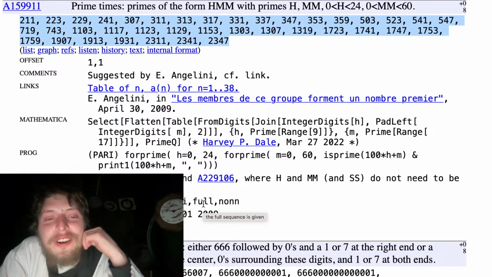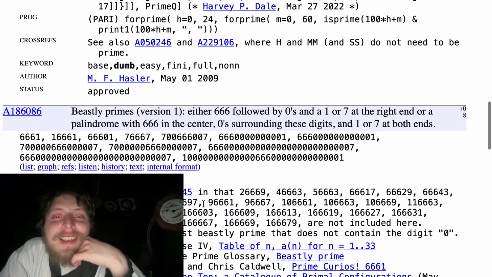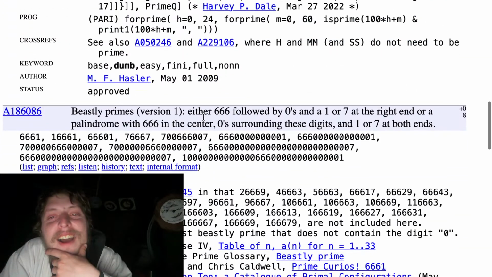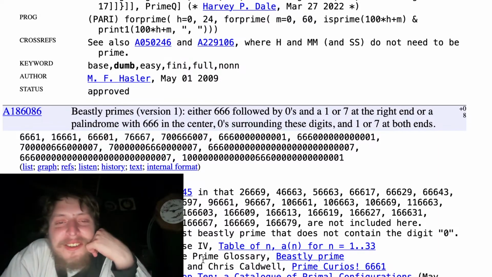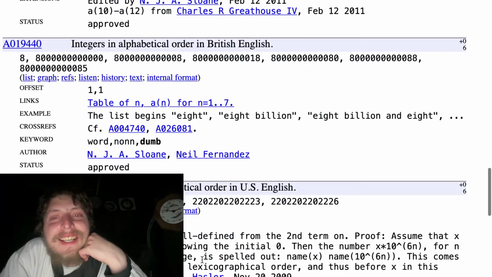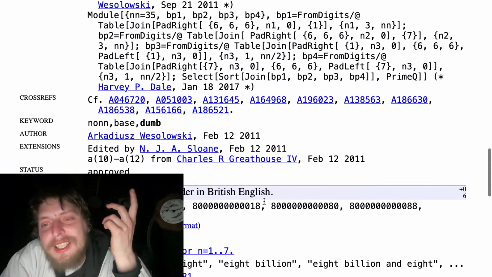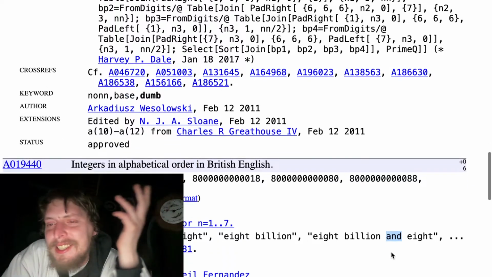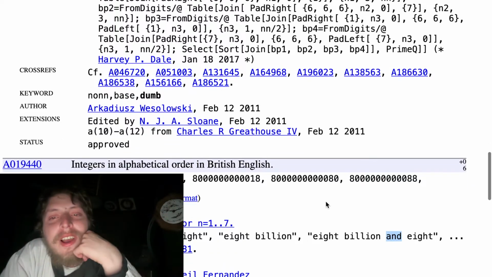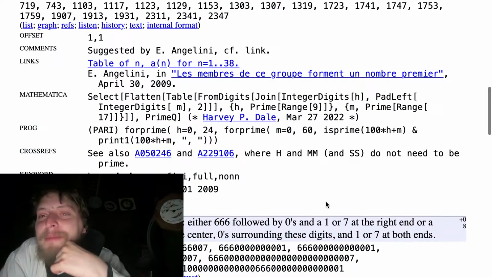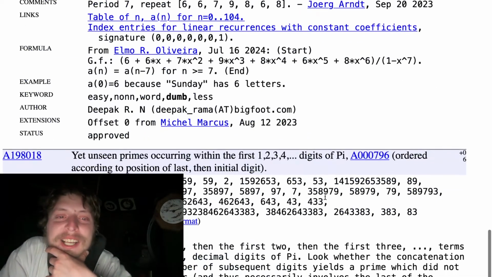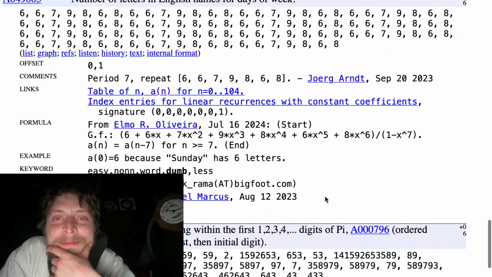They list every term. Beastly primes. They're just ones that have to have a 666 and has to have 1s and 7s or something. These are alphabetical order integers in British English where they're including "and," which isn't in all of the systems. I made an episode about that back in grade -1, alphabetizing the number list.